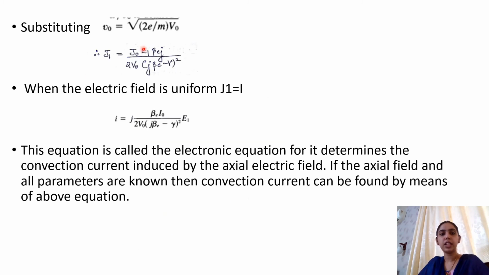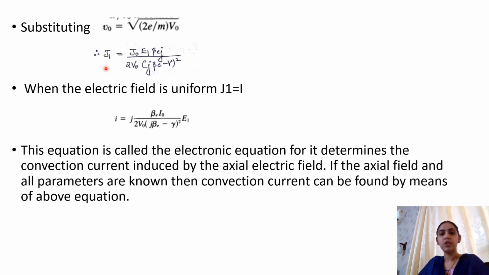So now finally we have obtained a relationship between the current density J1 and J0, that is the DC current density J0, and here J1 will be the AC current obtained after passing through this tube.